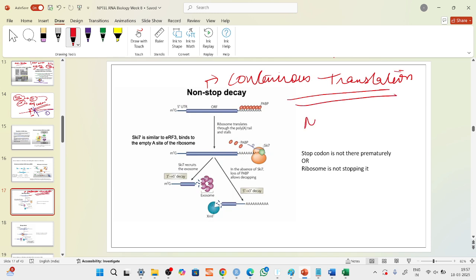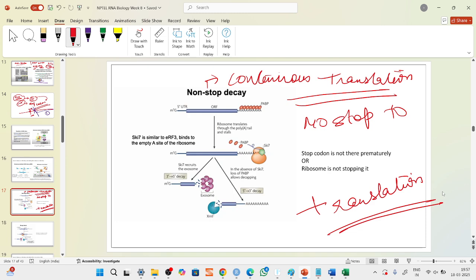There is no stop to translation. Non-stop, it is getting translated. So these are the two ways in which non-stop decay can happen.